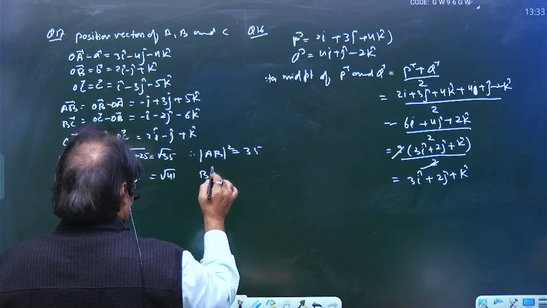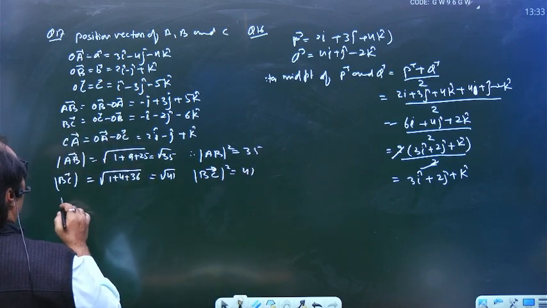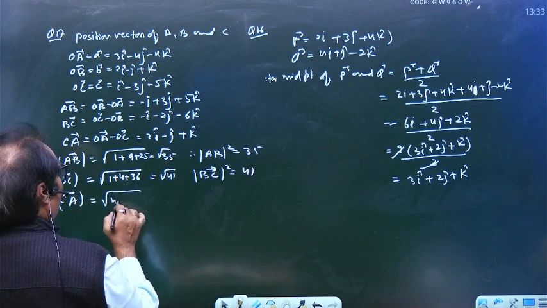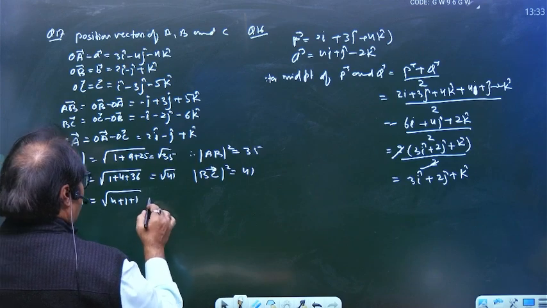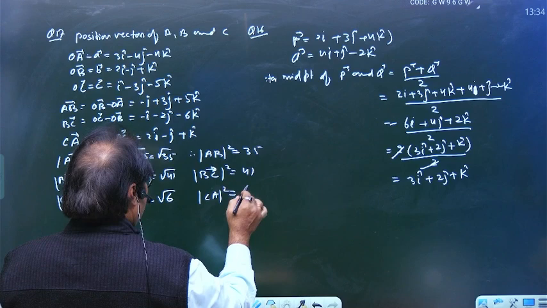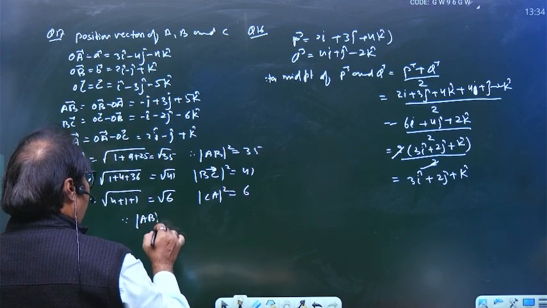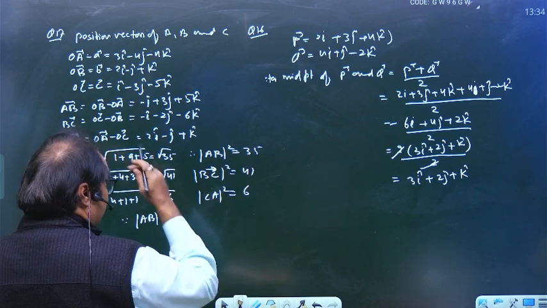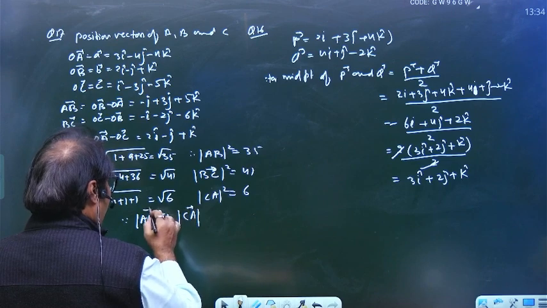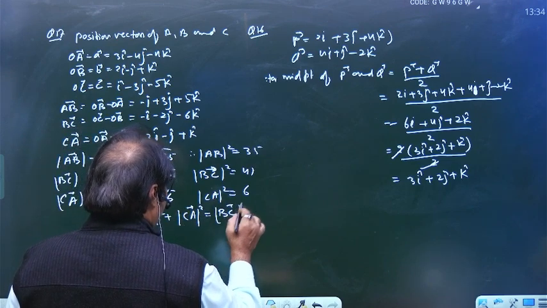So magnitude of BC square is 41. Now the magnitude of CA is root over 4 plus 1 plus 1, that is root 6, so CA square is 6. Since 35 plus 6 is 41, AB square plus CA square is equal to BC square.